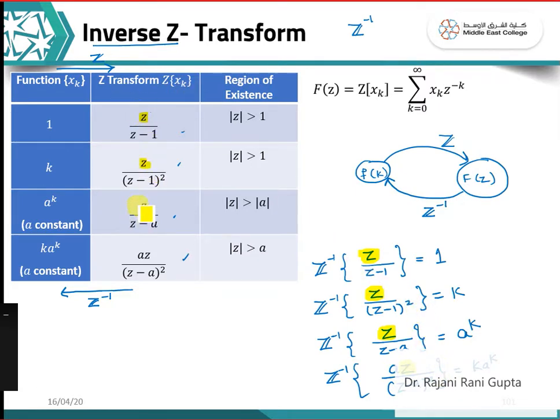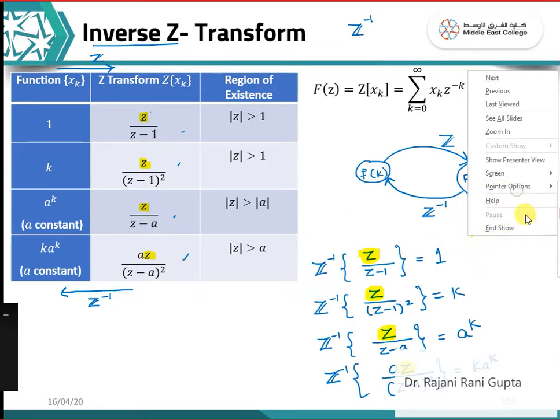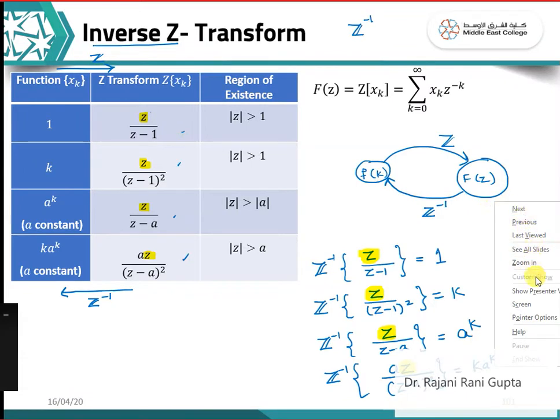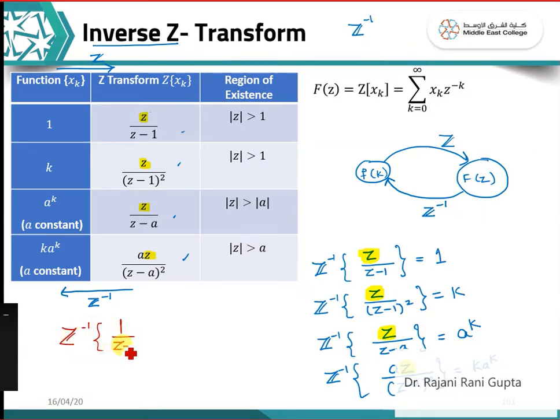Z is a must. So if you come across a term like the inverse Z transform of 1 over Z minus 1, you will not be able to find it using these rules. It is a must that we have Z in the numerator. Otherwise you are not able to work with this.